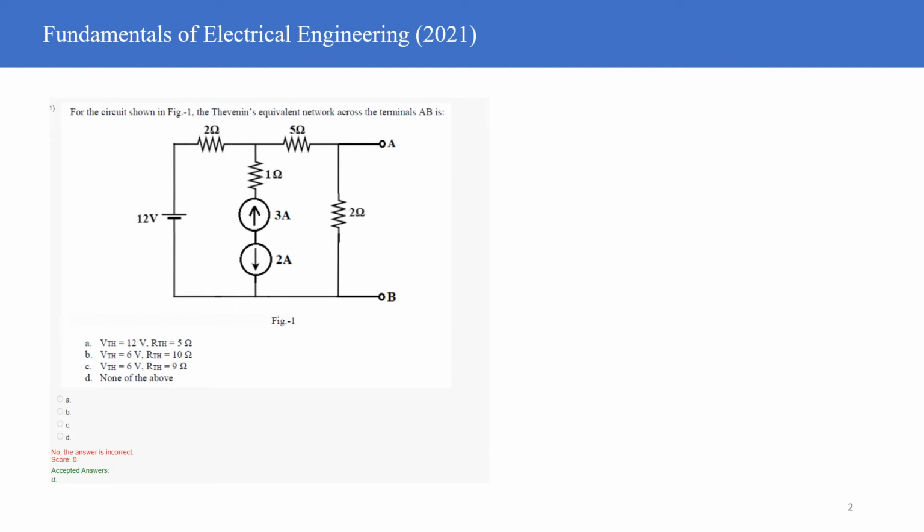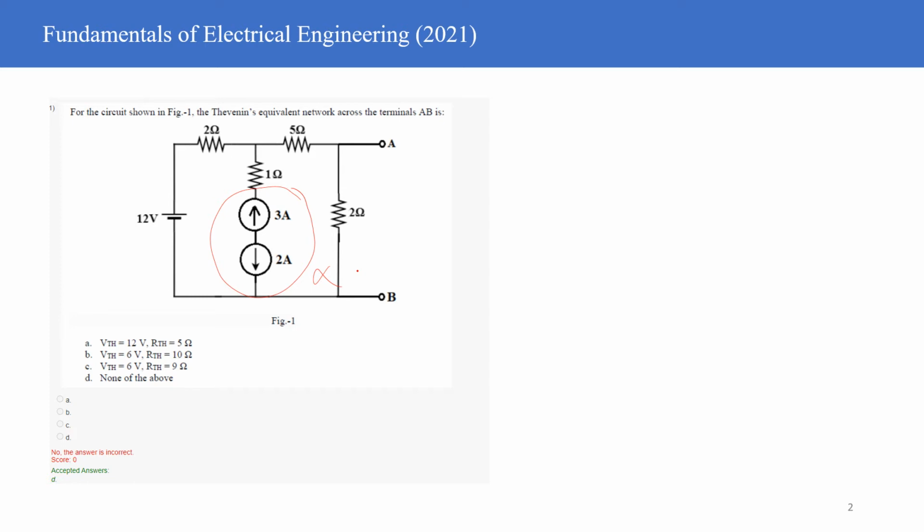So tell me, Sharad, is this circuit possible in the first place? Is there something which is not correct in the circuit, or everything is correct? Sir, the current direction in the same branch is opposite to each other. That is not possible, right? So you are correct, Sharad.